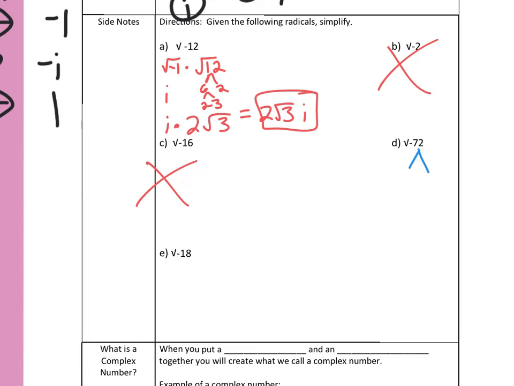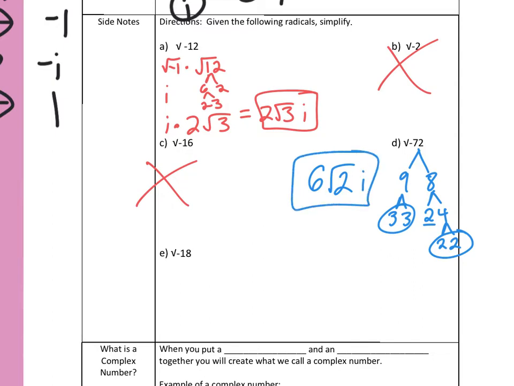What did 72 break down to? 9 and 8. So 9 breaks down to 3 and 3, 8 to 2 and 4, 2 and 2. We've got a group of 3, a group of 2. 3 times 2 is 6 with square root of 2 left over. And then what is the one thing that's missing? The i, right?